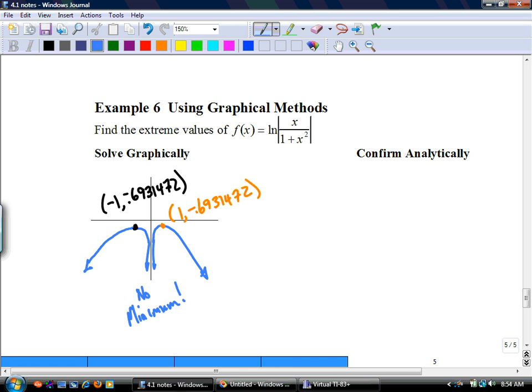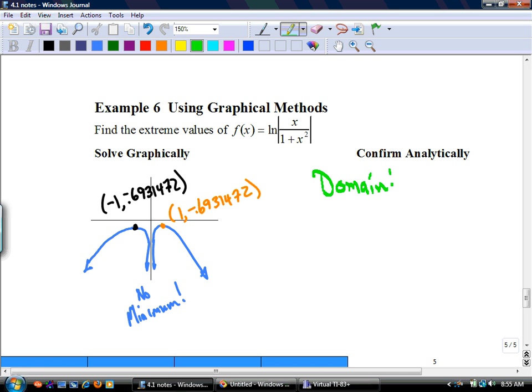Okay, confirm analytically. Take the derivative. Okay, before we do that, you have to think about domain. So, there are rules that you're not allowed to break in this course. You're not allowed to divide by 0. Not allowed to log a negative number. Well, you're not allowed to log 0 either. And you're not allowed to square root negatives.